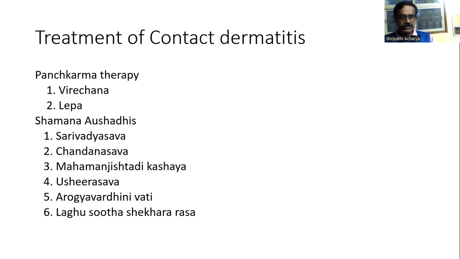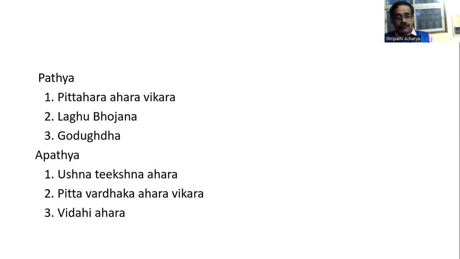And Shamanaushadis like Tarivadhyasava, Dandanasava, Mahamanjishtadi Kashayam, Shirasava, Aragvadhadi, Laghusutshekhara Rasa. This Laghusutshekhara Rasa is anti-allergic and antihistamine and it will reduce the intensity of itching. Topically, you can apply Karanja Taila or Arkamaraja oil also.